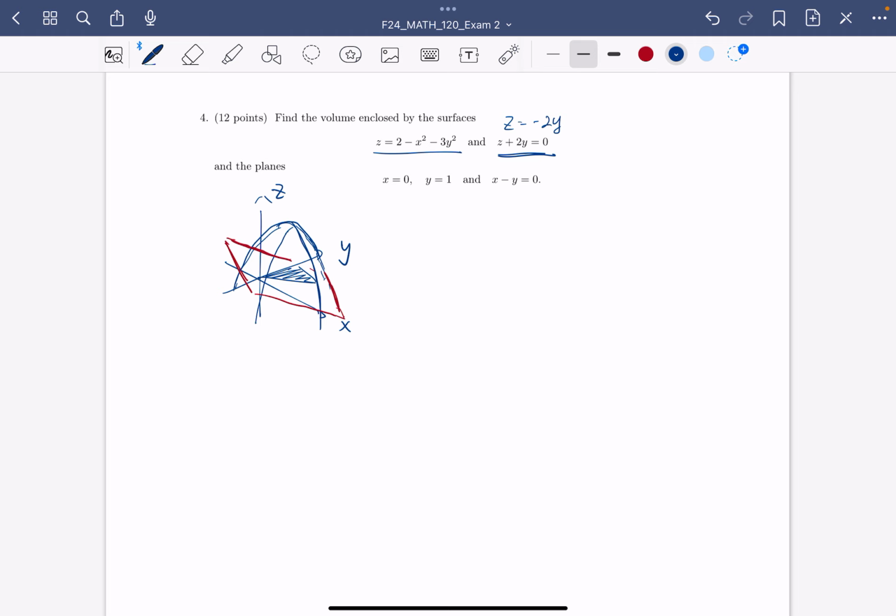So what we do is we can first identify the region on the xy plane. So you have x equals 0 and y equals 1. Also x equals y. So this region.